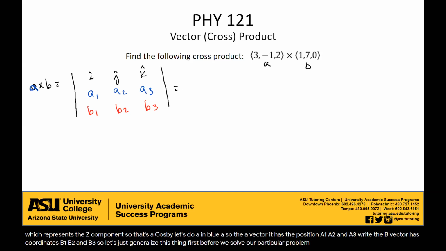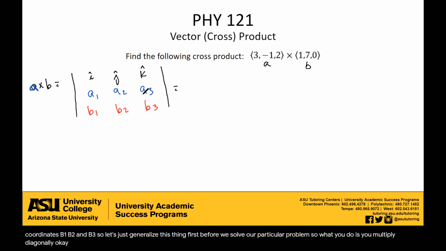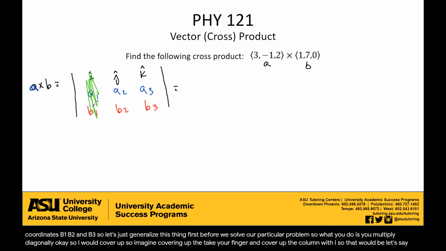What you do is multiply diagonally, okay? Imagine taking your finger and covering up the column with I.